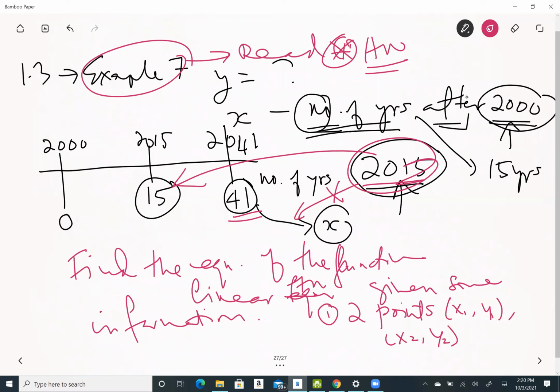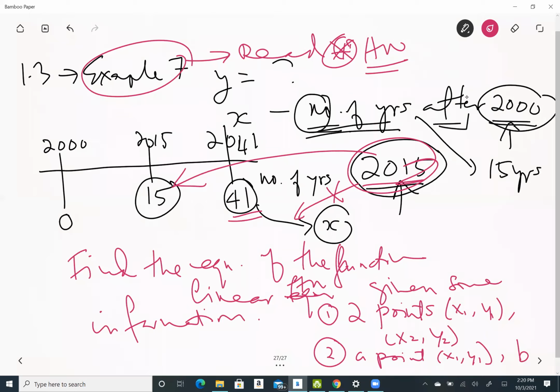Number 2, another possibility is that you are given a point, we call it x1, y1, and you are given the y-intercept b.